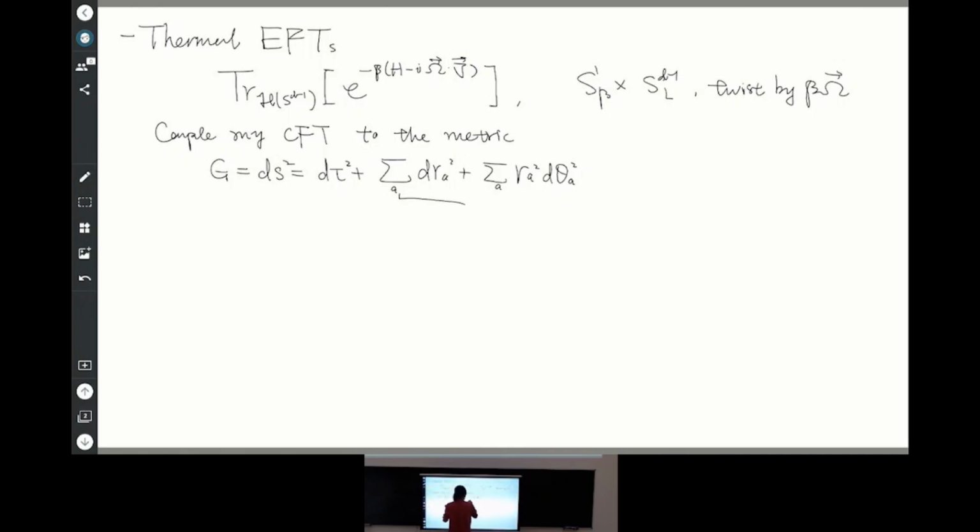And this is just the metric on the sphere. To implement this angular twist, I want to make the following identification of coordinates. As I advance by beta in the tau direction, I'm also shifting the thetas.